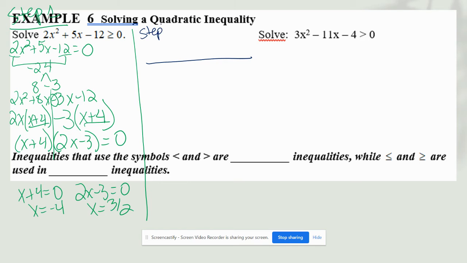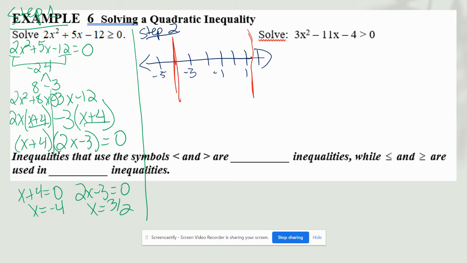Step 2, I'm going to make my number line. And so my dividing lines there, we have -4 and positive 3/2, which is 1.5. It's going to be halfway in between there.